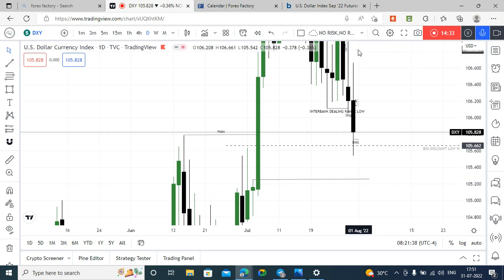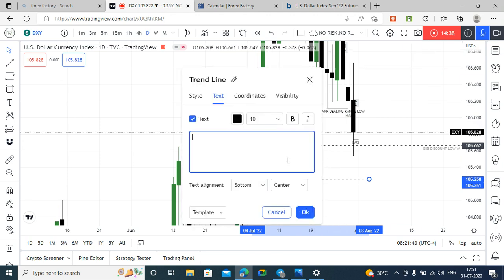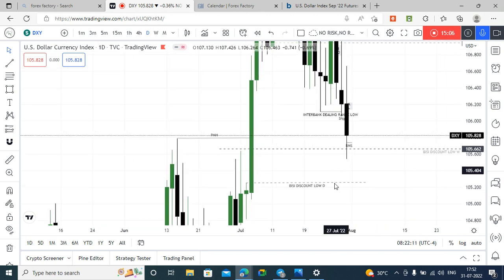Okay, so this is our next draw on liquidity for the short term.